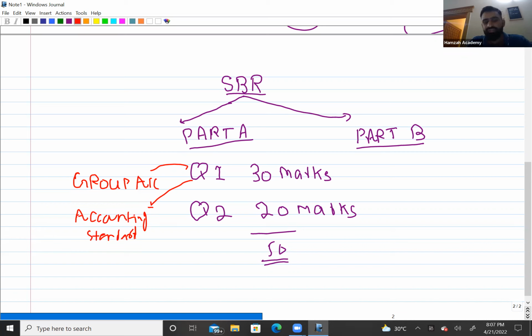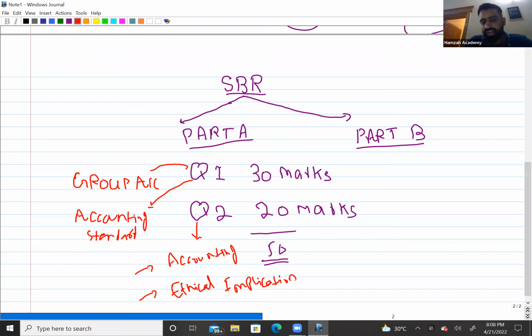So the 30 marks will consist of group accounts and an accounting standard based on a case study in which we have to discuss a specific accounting treatment, maybe from financial instruments, maybe from provisions under IAS 37, maybe from intangible assets, or any other area of the SBR syllabus. Question number 2 will be 20 marks, and it will have an accounting issue, a discussion on accounting treatment along with ethical implications.